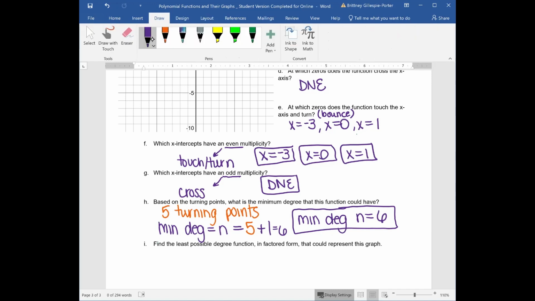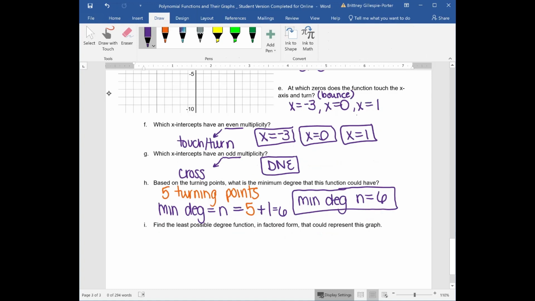Part I, we need to find the least possible degree function, and we just said n was 6. So all of our multiplicities or our exponents need to add up to 6. Because we're in factored form, not standard, we're going to have parentheses. And we need to have all of this information in this function.